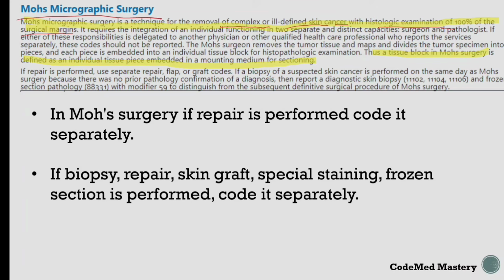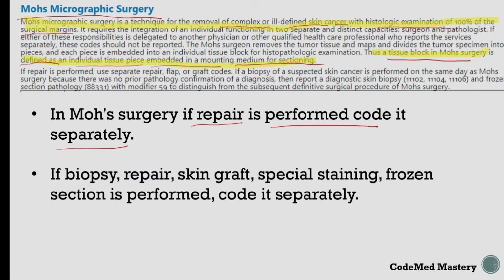Another important thing to remember, which they may also ask, is what a tissue block in Mohs surgery is. A tissue block in Mohs surgery is defined as an individual tissue piece embedded in a mounting medium for sectioning. In Mohs surgery, if repair is performed, you have to code it separately.